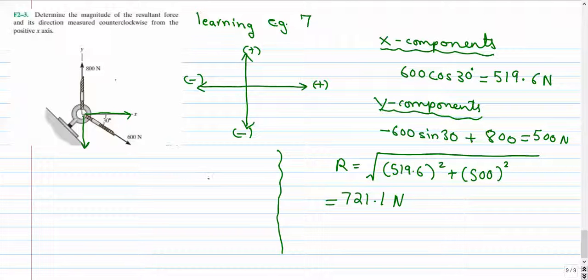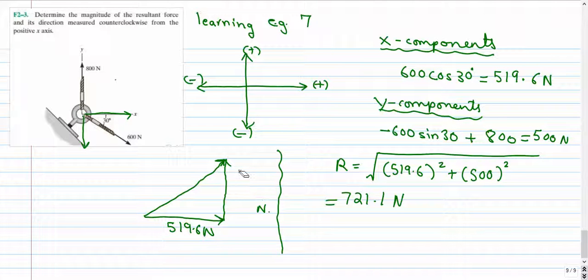all we need to do is draw the vector triangle. So the resultant horizontal x component for the two forces is 519.6 newtons, while the resultant y component is... oh, sorry.